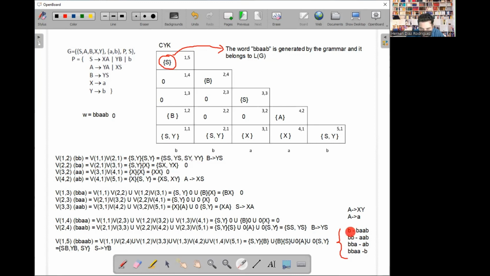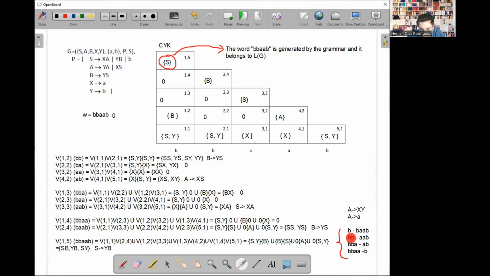So in this case, it could be with what we have in the cell 1, 1, because I'm in the first position of the word taking one character, and then what I have in the position 2, 4, because I'm in the second position of the word taking 4 characters. This is one way, right? This is the first combination that we have here.